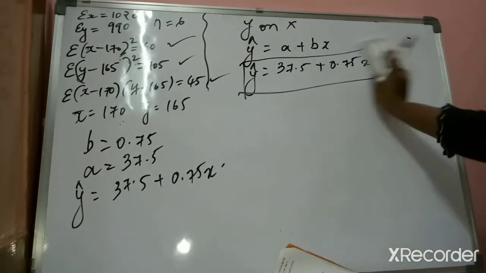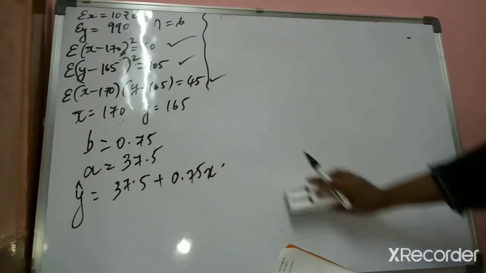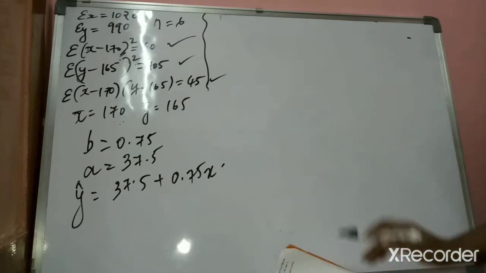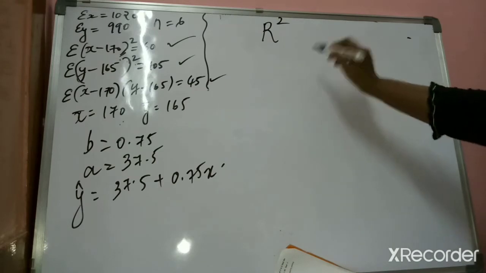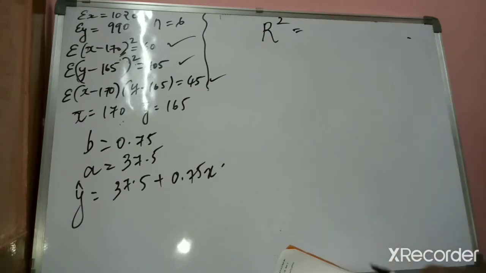Clear with this? Now the next thing that has been asked in the question is that you have to find the reliability of the regression model. So for that you have to find out your capital R square. Okay, so what is the formula for capital R? Let me write it down here below.